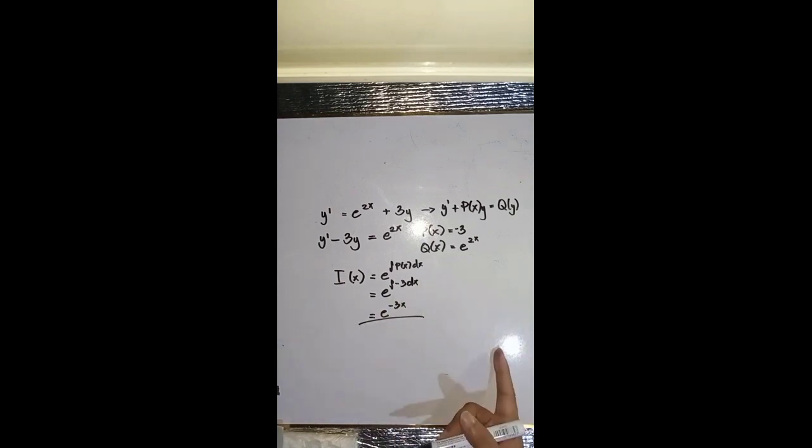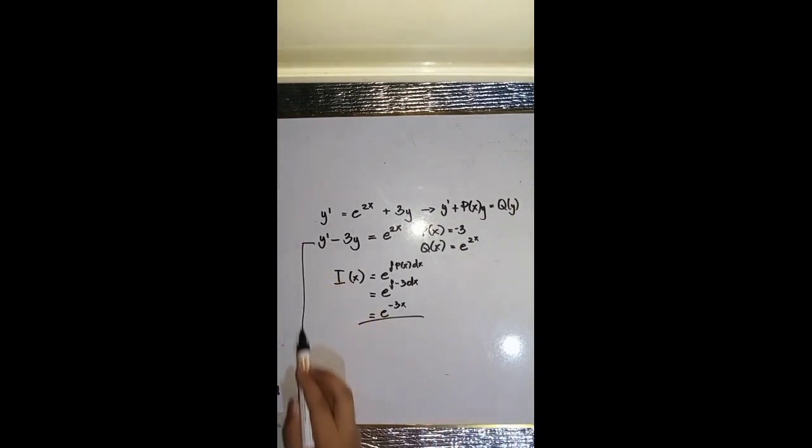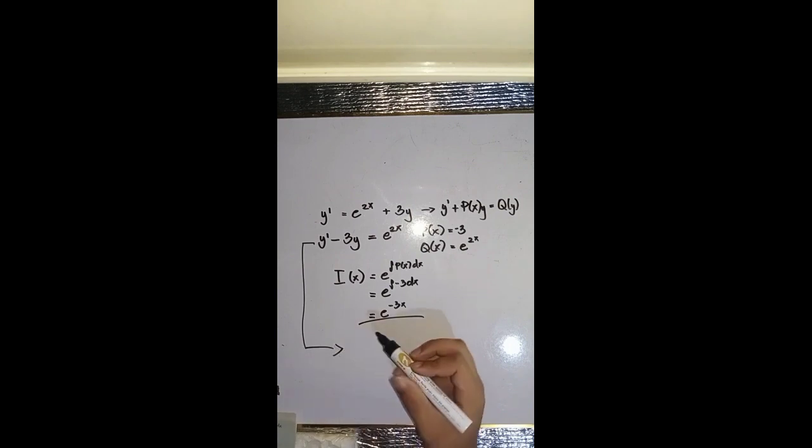Now that we got our integrating factor, we can multiply it to our original equation, which is y prime minus 3y equals e to the 2x.